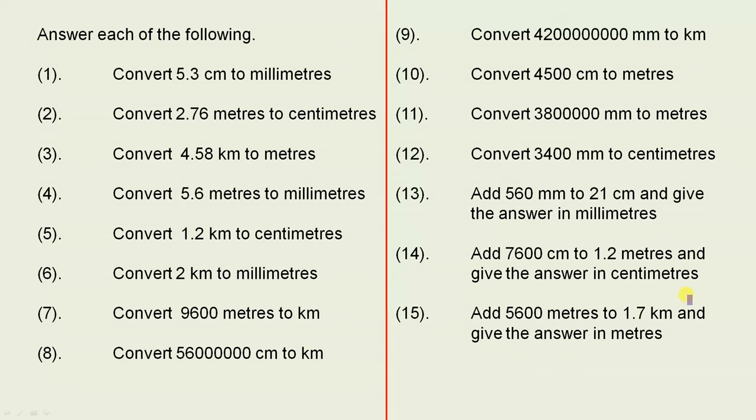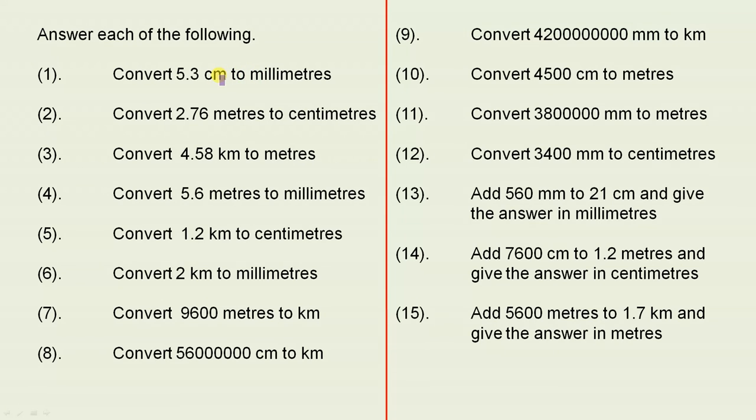Okay, there are 15 of them all together. Now, I'll give you a little hint, but I won't tell you the answer. Notice here, we're going from a centimetre to a millimetre, that is from a larger distance to a smaller distance. So we have to decide, when that is the case, do we do multiplication or division?